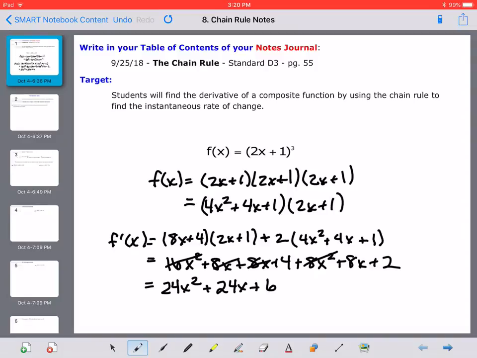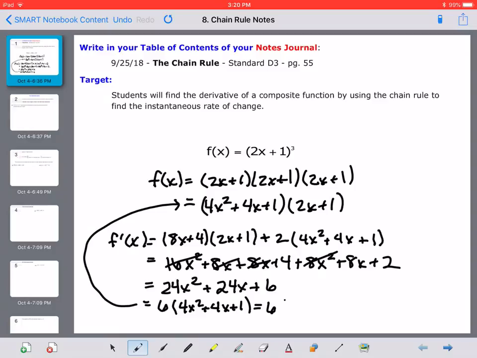Okay. So if I asked you to factor this, hopefully most of you could do that. I'd get something like a GCF of 6. Then that would give me 4x squared plus 4x plus 1. And I can factor it again. If we think about going back here, what we did and how we got that, those are the same thing.